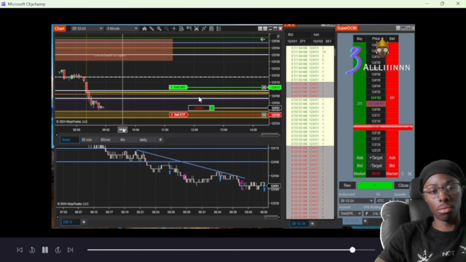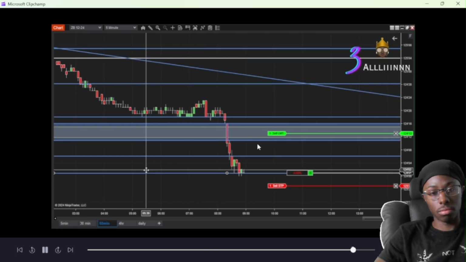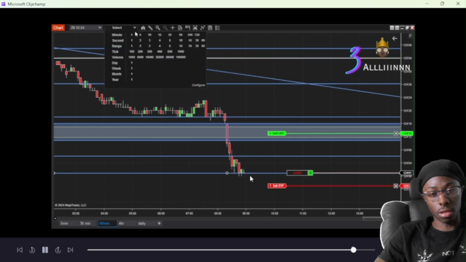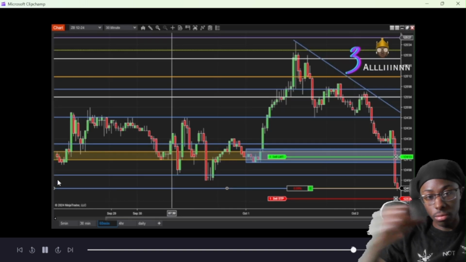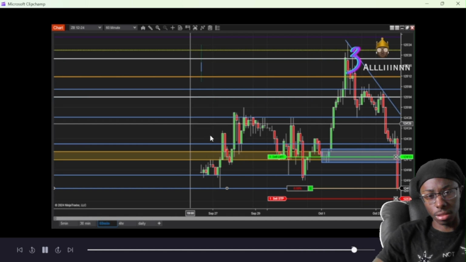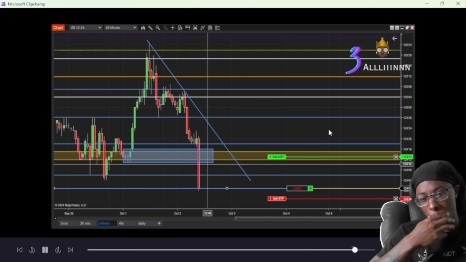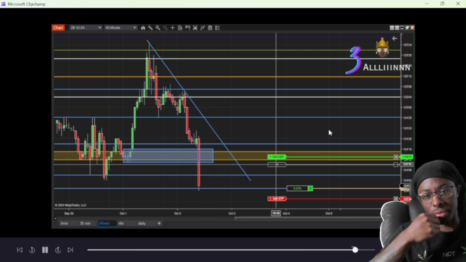Got filled in at 01. This is an area where I usually buy. It looked like we had support here. But like I said, I'm basically trying to catch a falling knife. This is a sword.